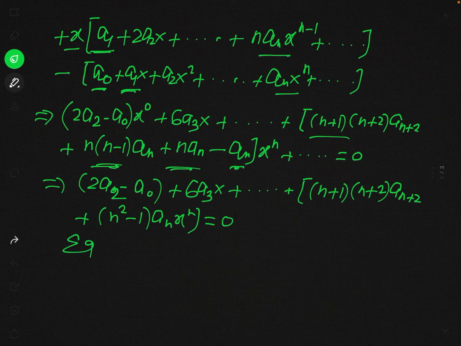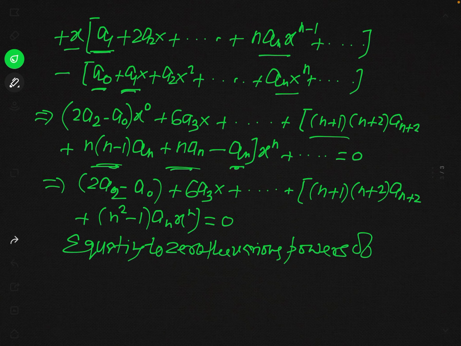Here 2a2 minus a0 is the coefficient of x to the power 0, so we write 2a2 minus a0 equal to 0.